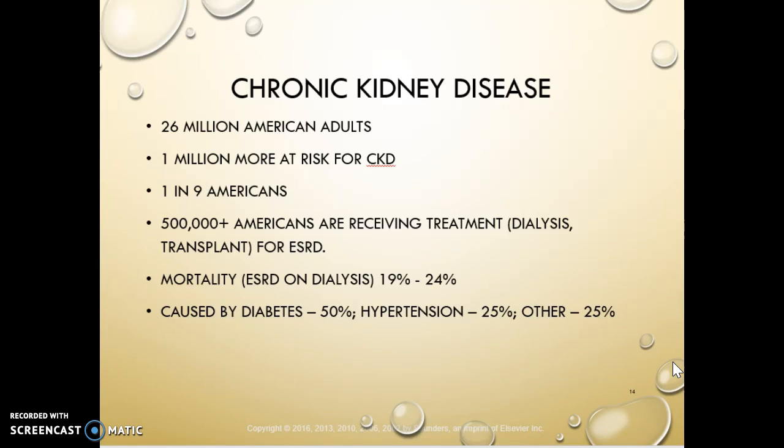Causes of chronic kidney disease. We discussed this many times when we talked about diabetes, about how diabetes affects the circulation to different parts of the body. And the kidneys are very susceptible to this because they filter tons of blood, so the amount of vascular system attached to the kidneys is immense.